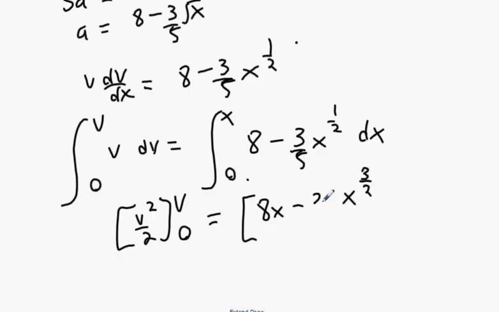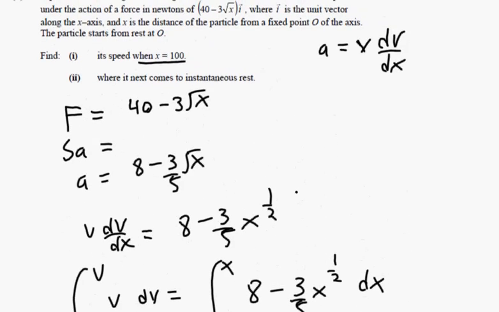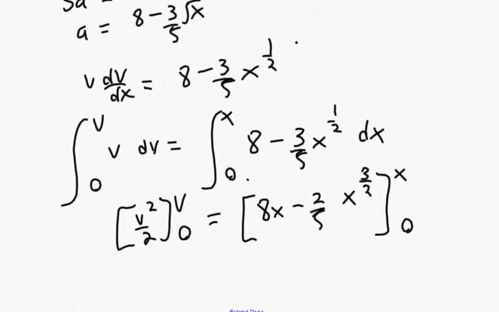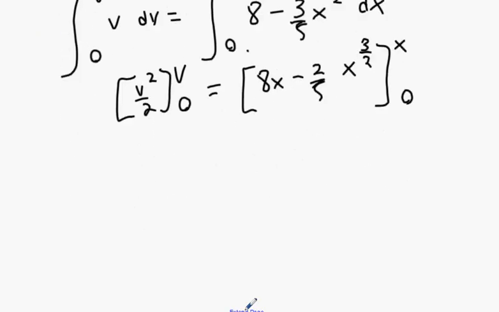And then I have the joy of putting in x and 0. Okay. And what you say, I have to put in x equals 100, is it? So replace x with 100.